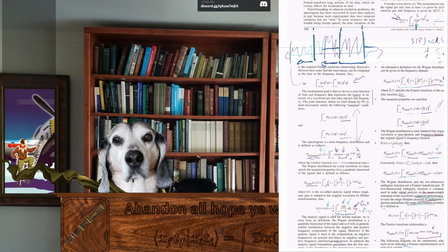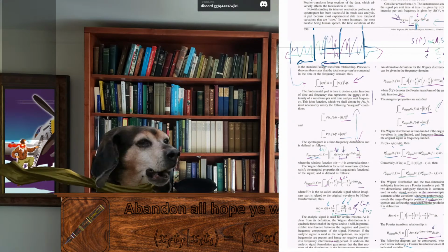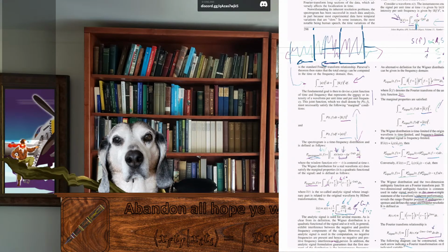What we're looking at now, rather than this window function here which is sliding along, right? We now have the base function of our signal here, right? Which is sliding along in t, along with the complex conjugate of the base function sliding along in t in the other direction. Right?